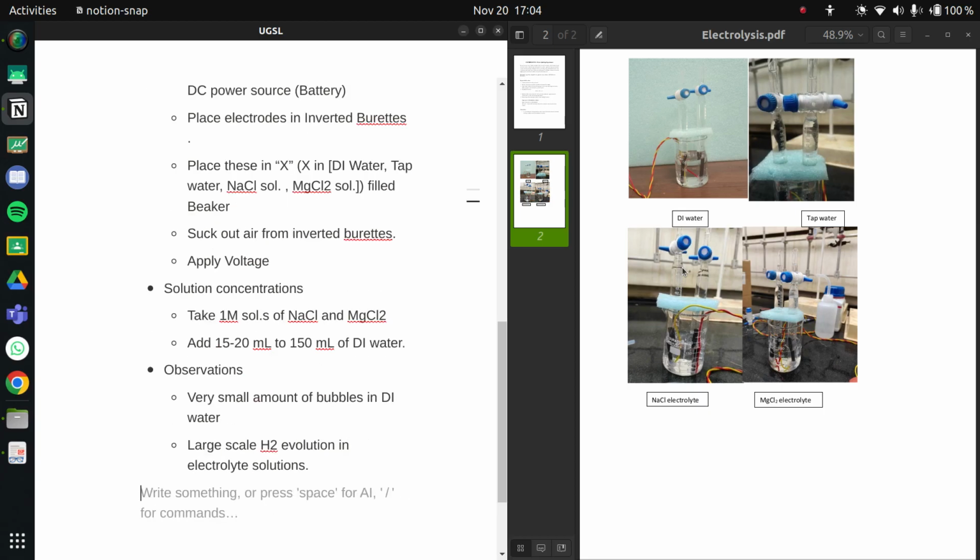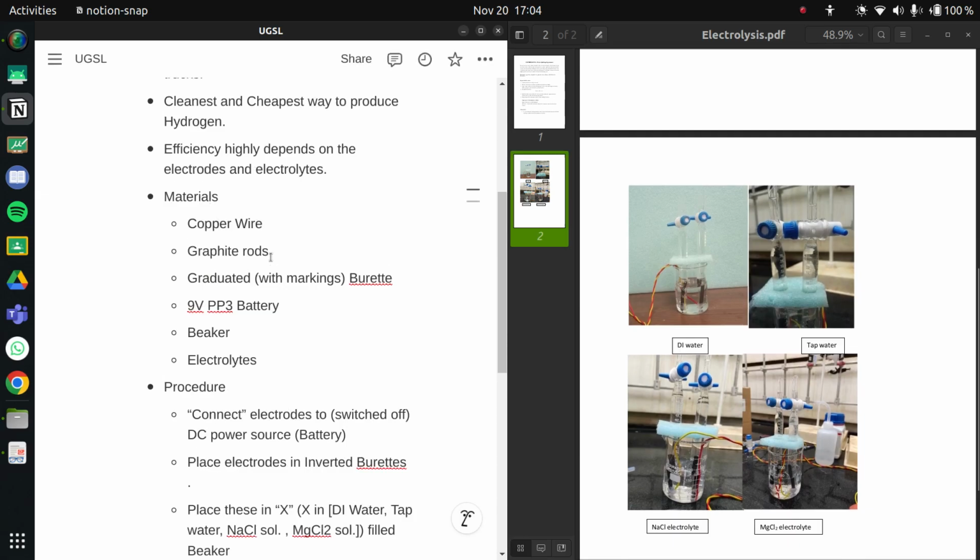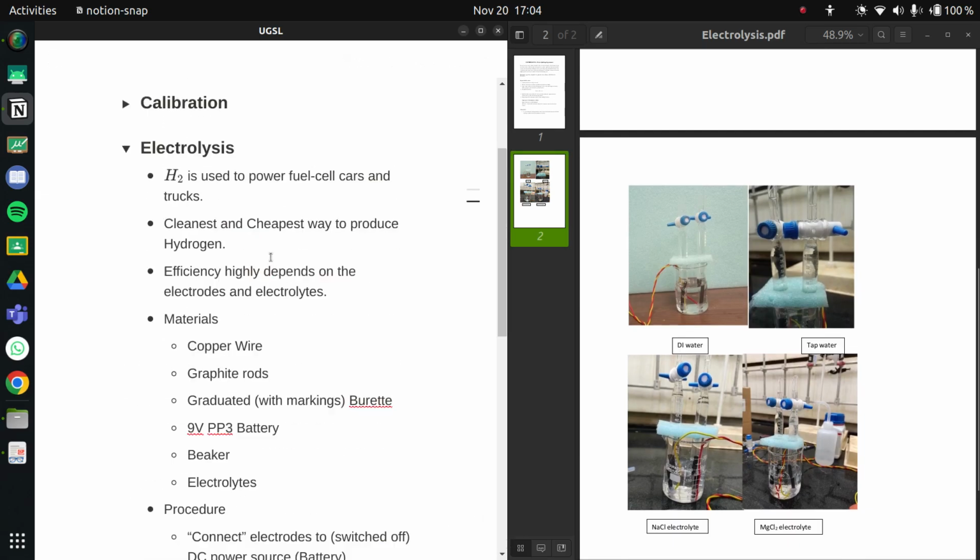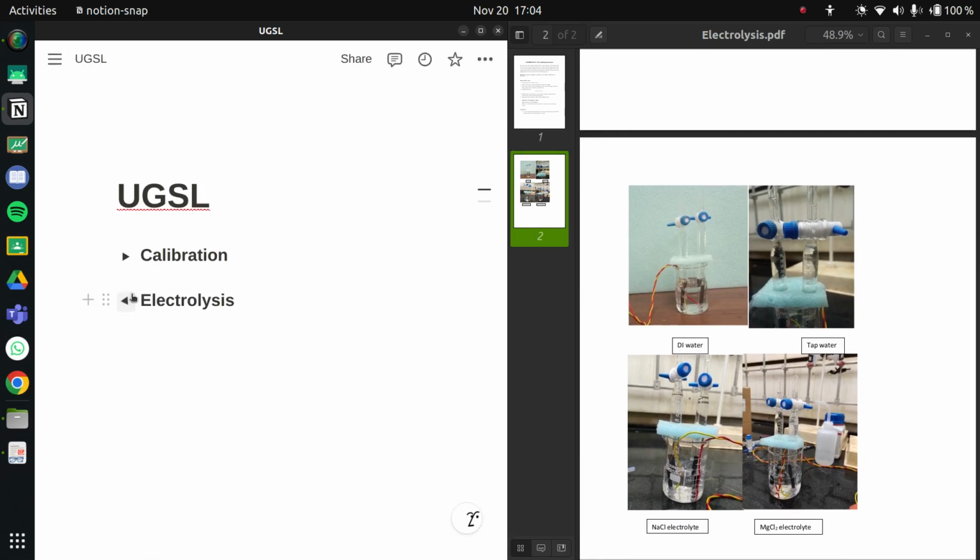Yeah, that's probably it. So this is this experiment. Electrolysis is done. Let's go to the next one.